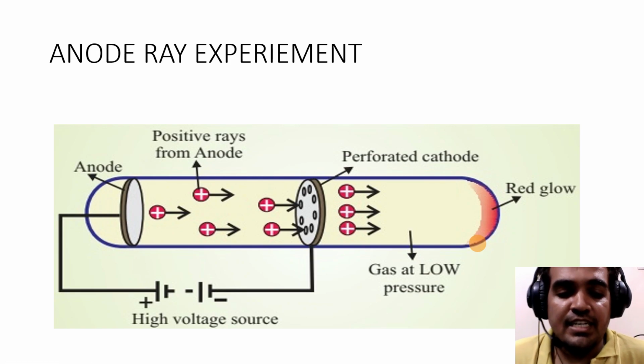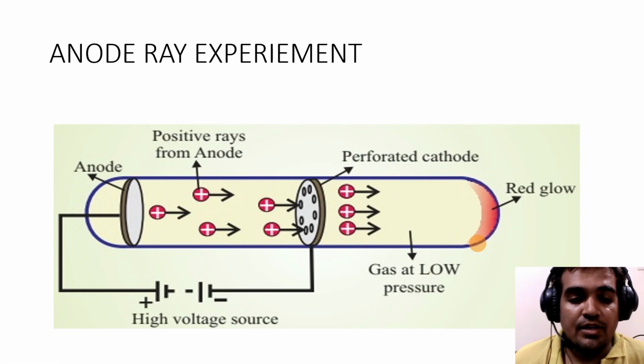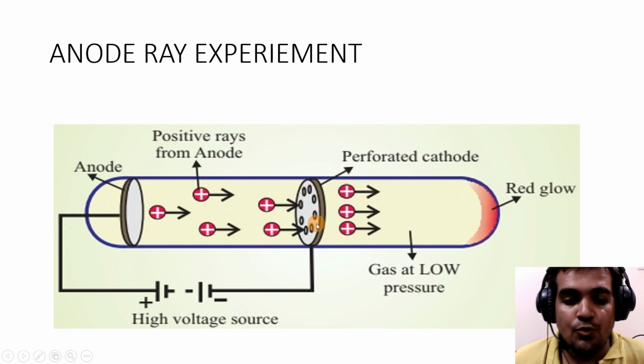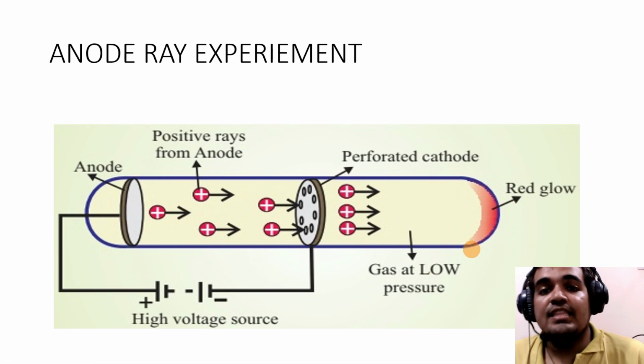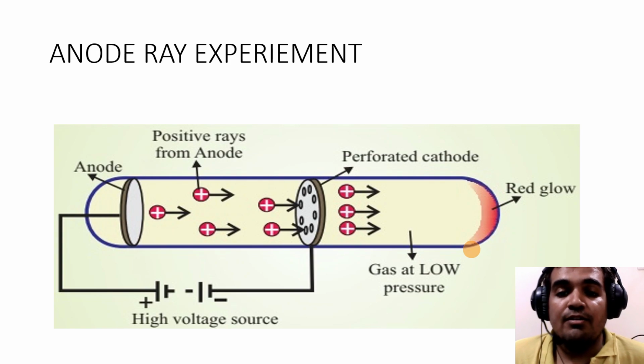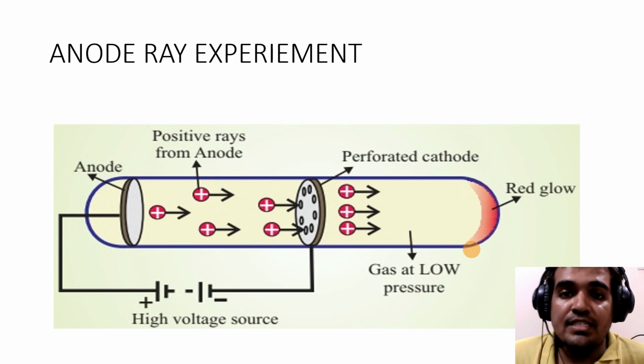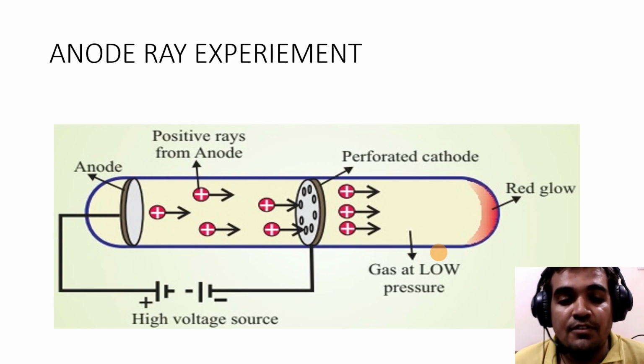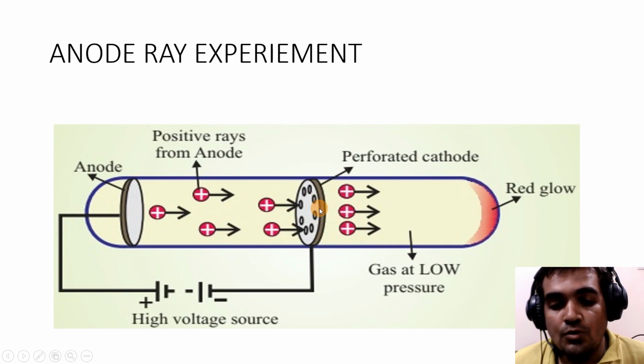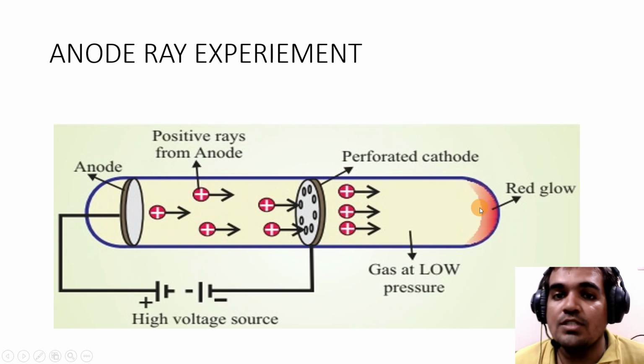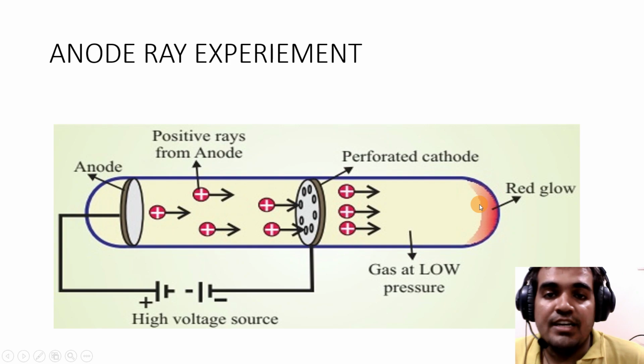So whenever an electric current is applied to anode and cathode through the high voltage source, an electric field is created between them, and this electric field makes the gaseous atom ionize. At this point, the anode releases positive ions as shown in the figure, which move through the cathode and hit the fluorescent material which glows red as shown in the figure.